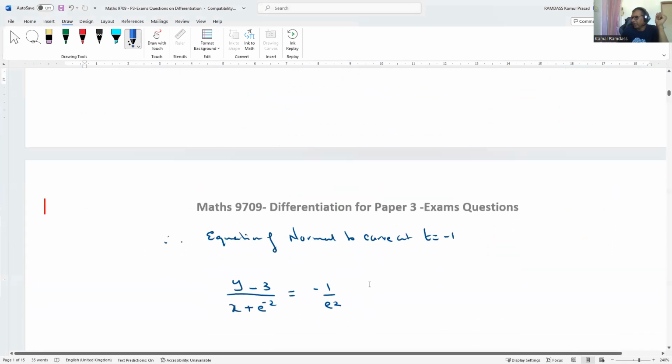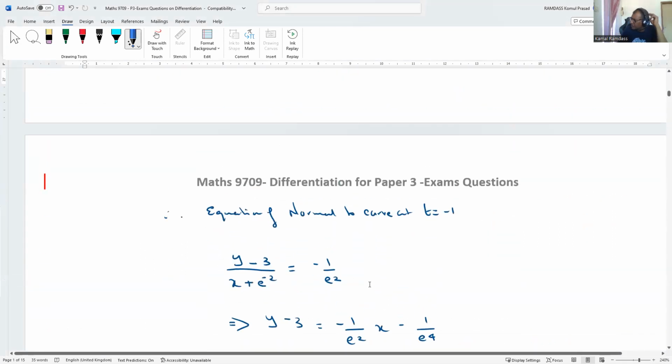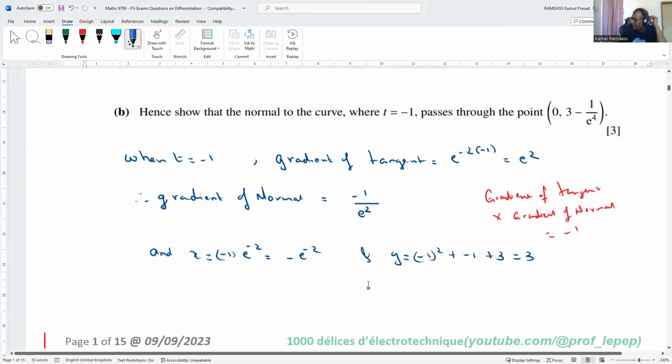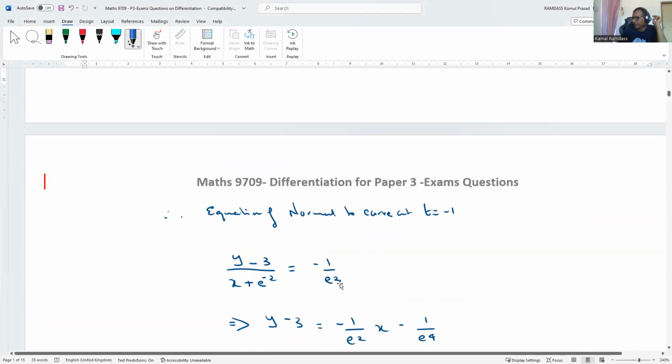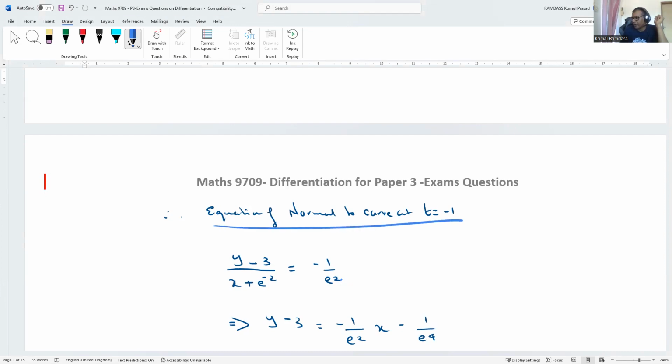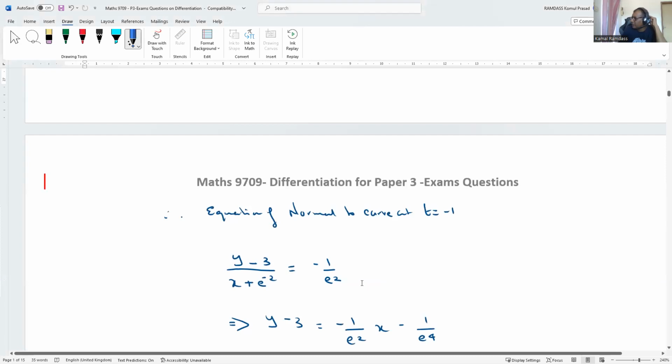OK? Et là, je suis capable de faire equation of normal to the curve. Ça veut dire y minus 3 over x minus e to the power minus 2 is equal to minus 1 over e square. Et ça, c'est equation of normal to the curve at t is equal to minus 1.